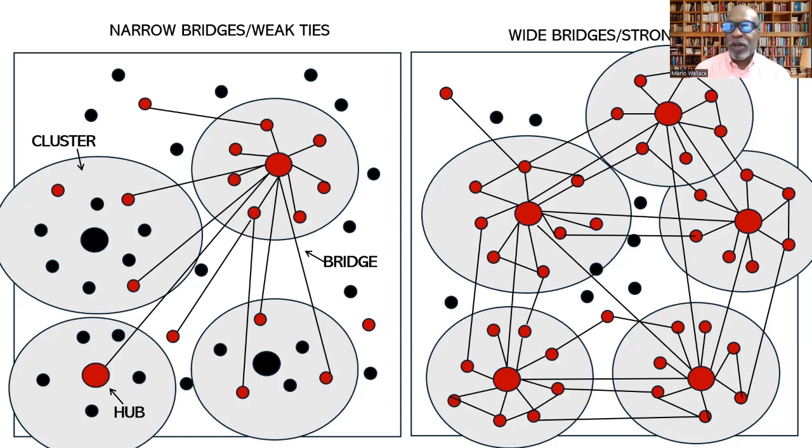The undergird of operation of this particular concept called wide bridges is the fishing net pattern of information sharing. This pattern or this concept is designed to increase the opportunity to change human behavior as information is being shared.